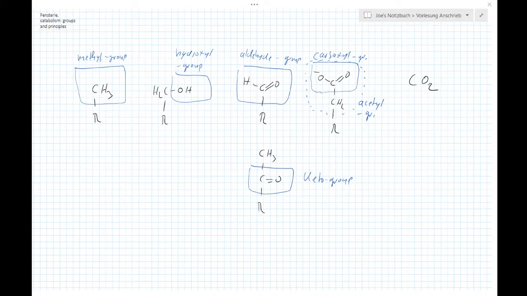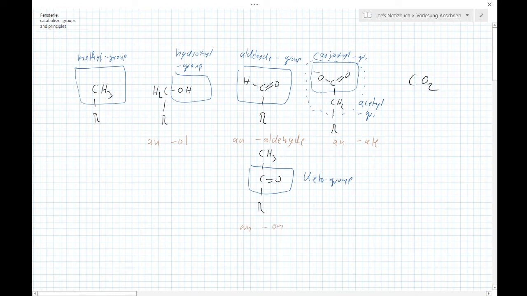So if you name such a substance, this substance will be called an "ol" because it's an alcohol. This substance is an aldehyde, so at the end, you will have "al". This substance will be an "ate" at the end. And this substance will be an "one".